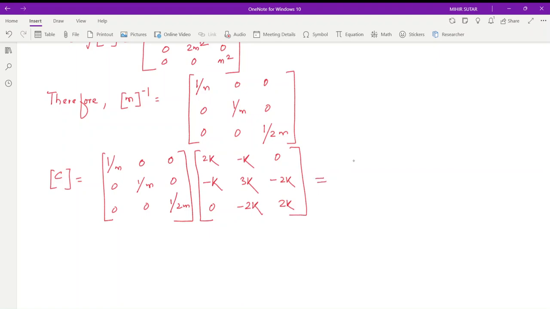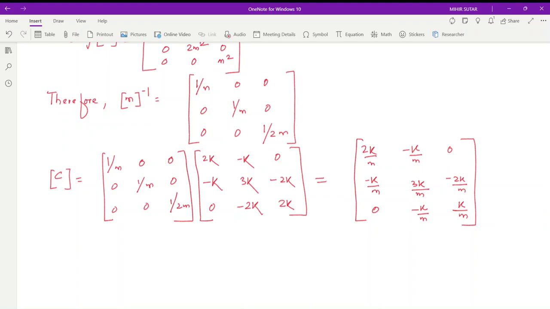So this will be equal to 2k by m, minus k by m, 0, then minus k by m, 3k by m, then minus k by m, 0, minus k by m, k by m. Right? If you multiply this, you get this dynamic matrix.